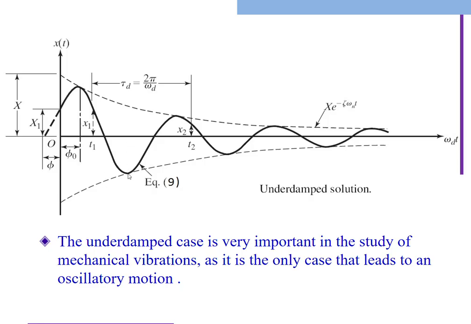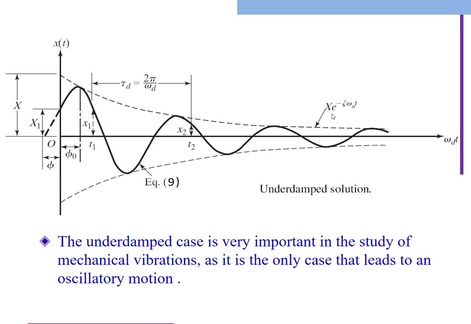From here to here it is decreasing, and here to here also the wave is decreasing. If you see consecutive amplitudes, there will be a reduction in the waves. And how are these waves reducing?